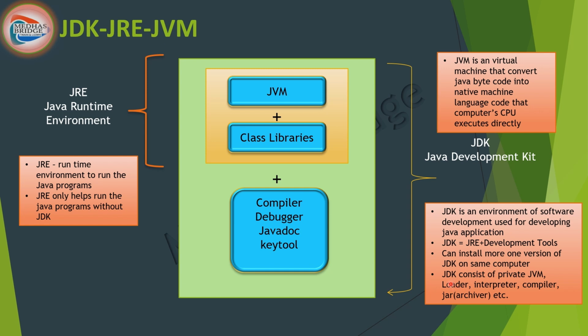Next thing, JDK consists of a private JVM, loader, interpreter, compiler, jar, archiver, etc. Now you see the difference between JVM, JRE and JDK.